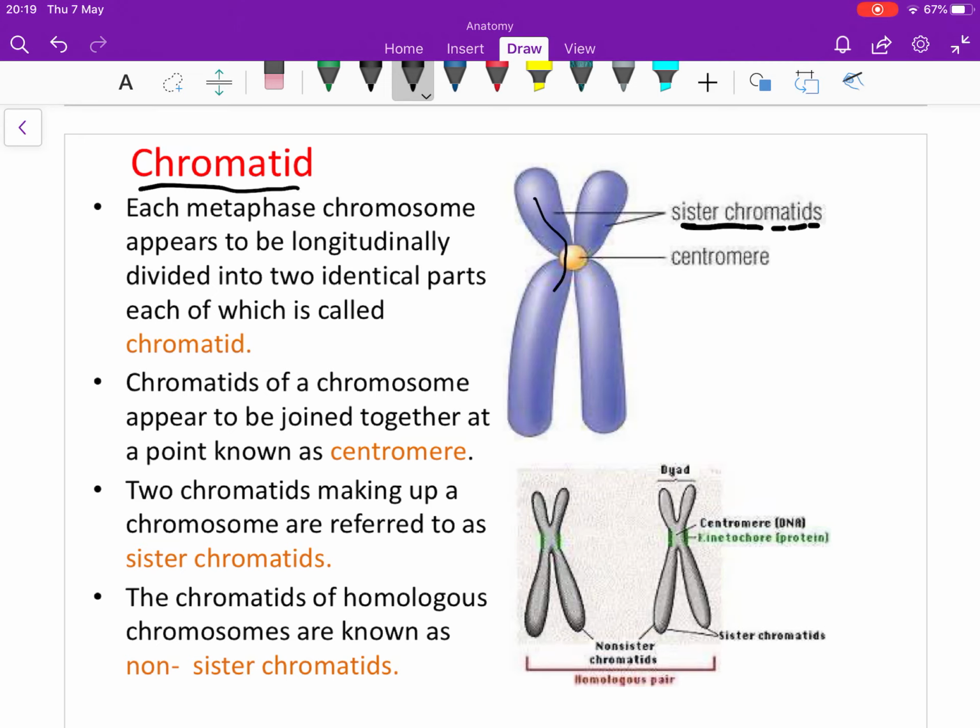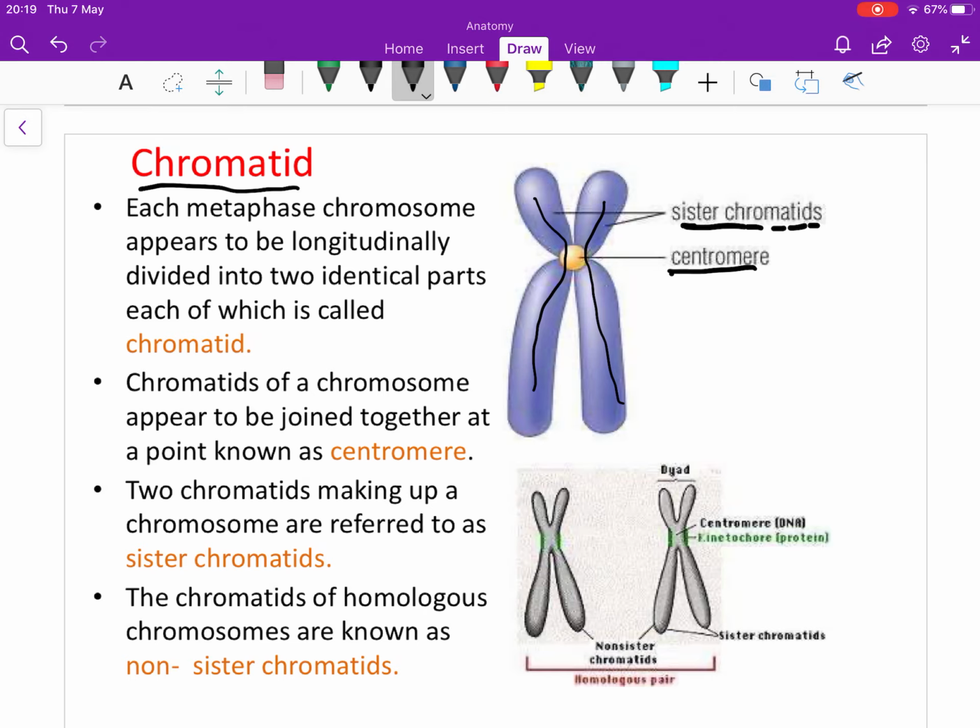These sister chromatids in metaphase appear to be longitudinally divided into two identical parts. See, this is the first part and this is the second part, and these two identical parts which join together at the point of centromere are called chromatids.